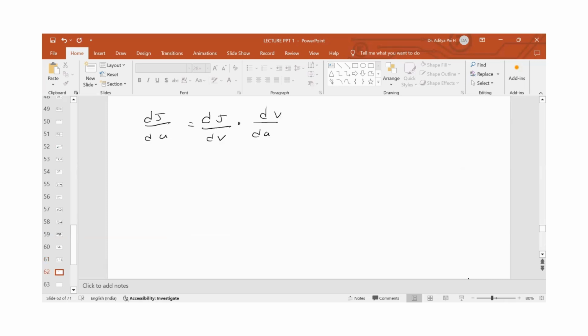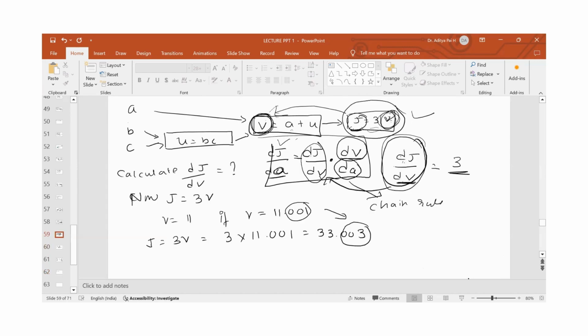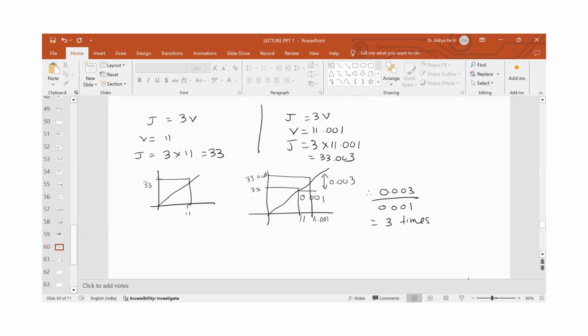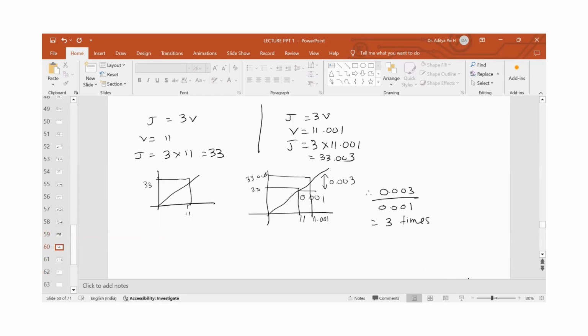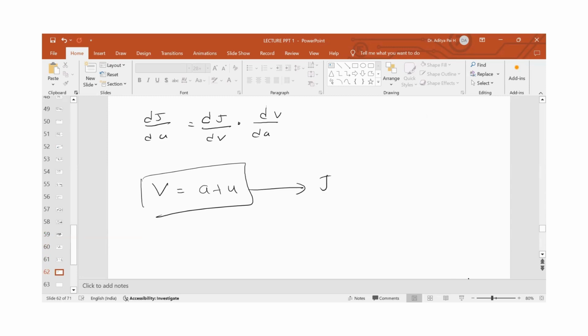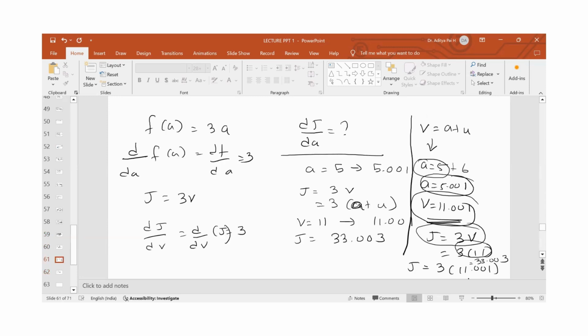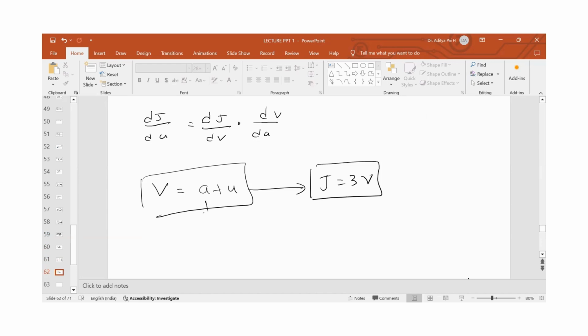So how this is being done: I have told you that V is equal to A plus U, and J is equal to 3V. As you can see, the A value is 5, the U value is 6 and the V value is 11, that is adding together.